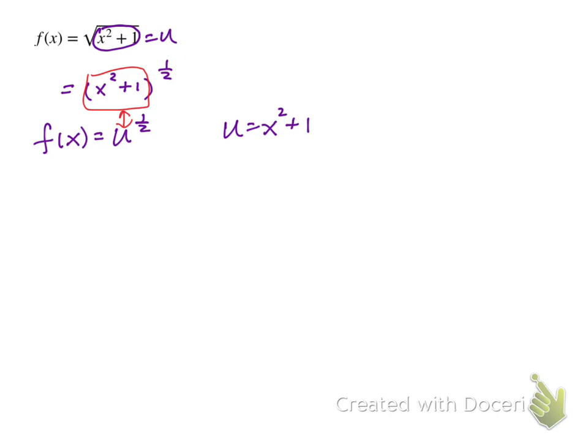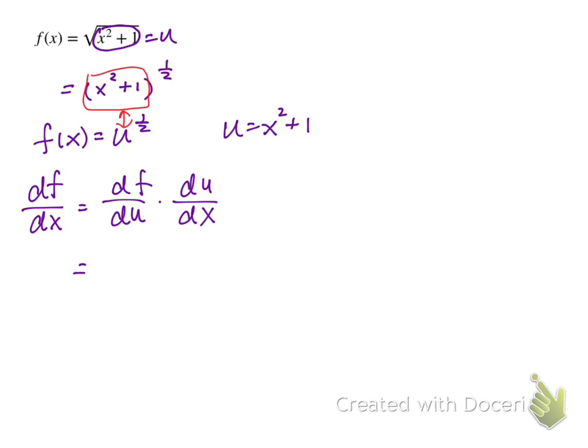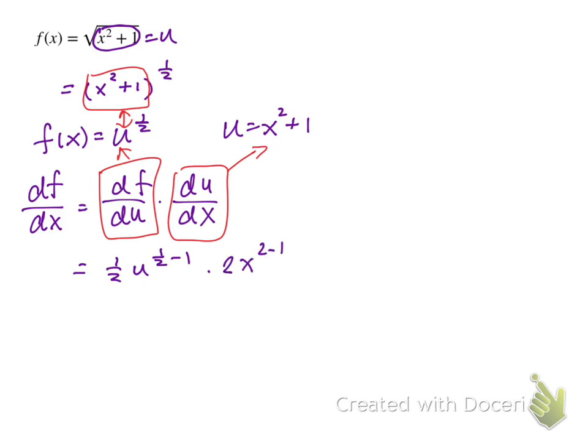Then my df/dx is df/du times du/dx, where I get the df/du from the equation between f and u, and then I get my du/dx from the equation between u and x. df/du is 1/2 u to the 1/2 minus 1, times du/dx, which is 2x, since the 1 is a constant with derivative 0.